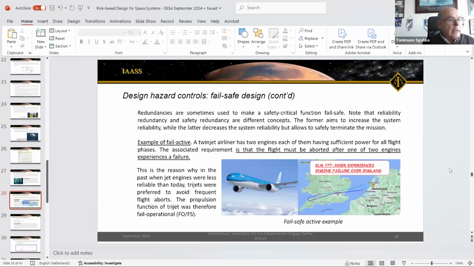The other case is the common case of an airplane. Our airplanes nowadays are mostly twin jets, and the twin jets have exactly the idea that with one engine you can do the complete flight, meaning takeoff to landing, but you have two jets, and the moment one fails, you have to stop the mission.